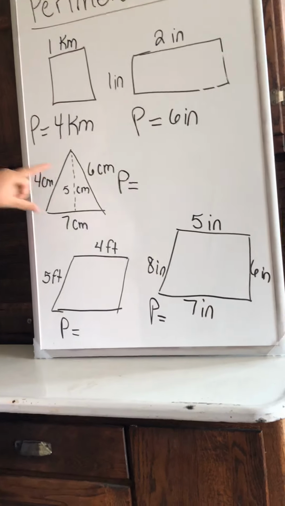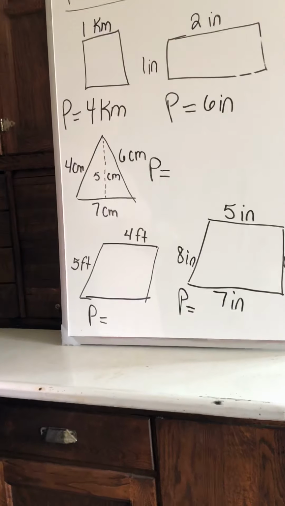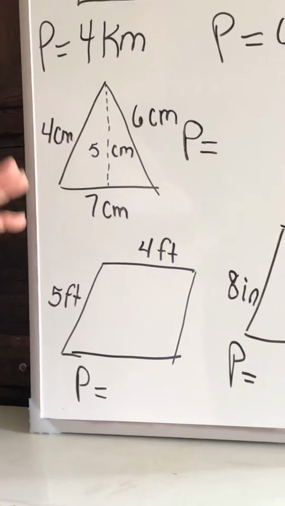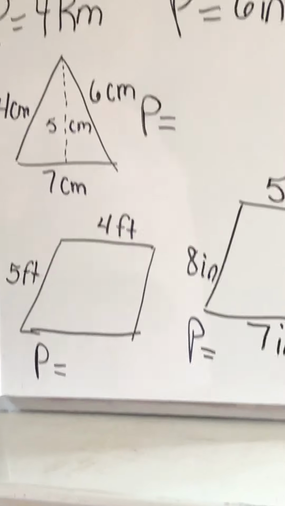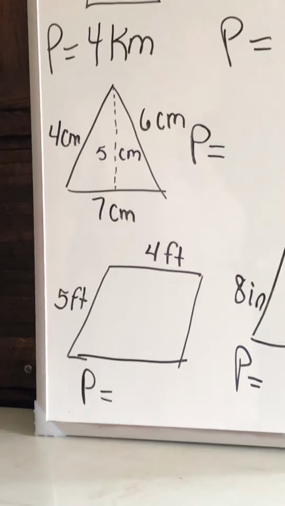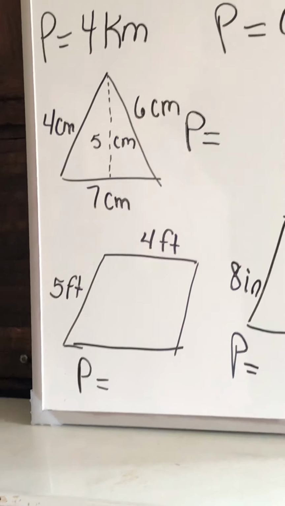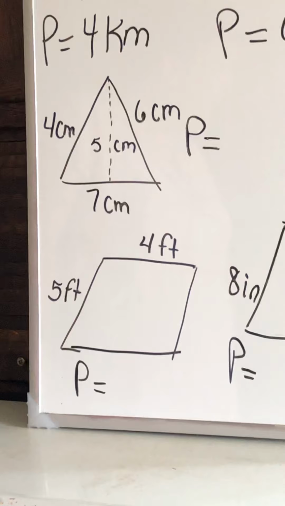Alrighty, down here, what kind of shape do we have? We have a triangle, because remember TRI stands for 3, try. Now, here's the interesting thing. I did something a little bit differently, because you're going to be seeing this when we start getting into area of different shapes, okay?